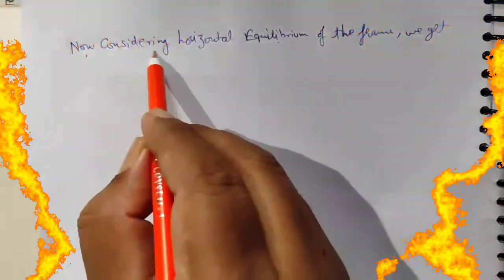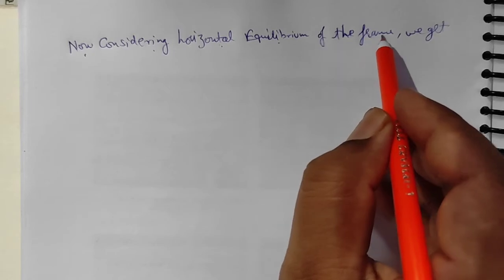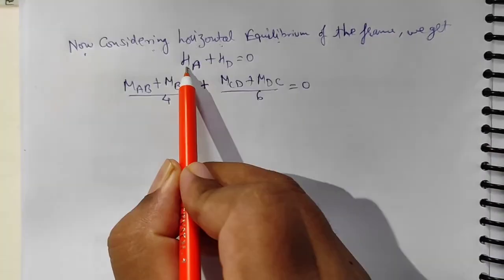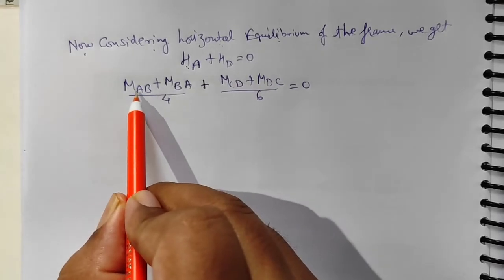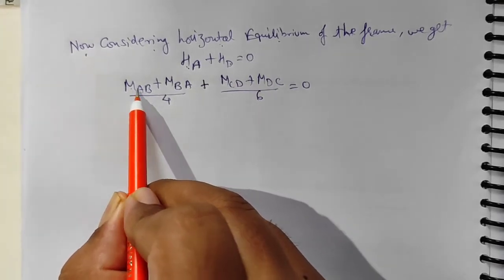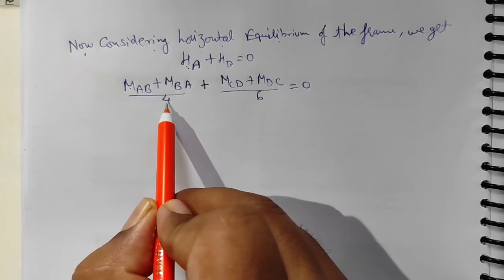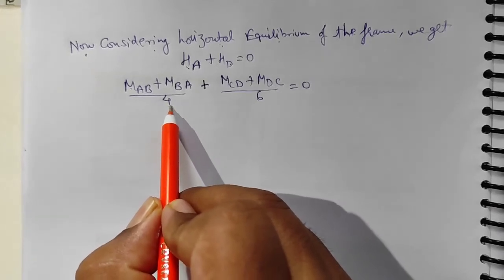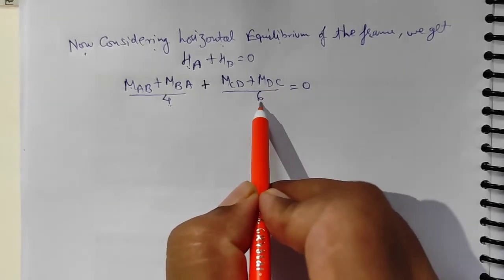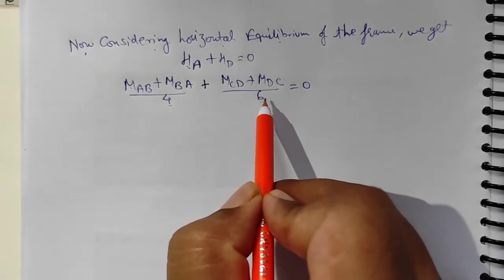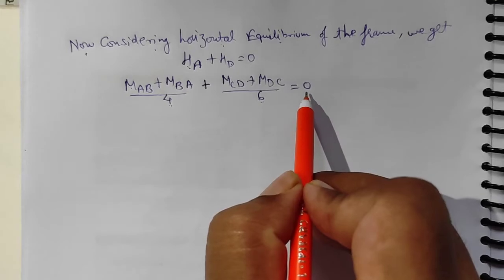Now considering the horizontal equilibrium of the frame, the summation of the horizontal forces equals 0. Then from the previous equations, MAB plus MBA upon 4, that is the length of member AB, plus MCD plus MDC upon 6, that is the length of the member CD, will be equal to 0.